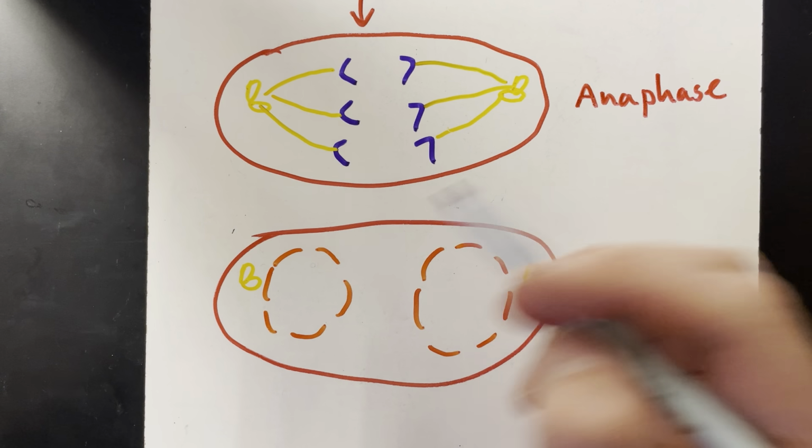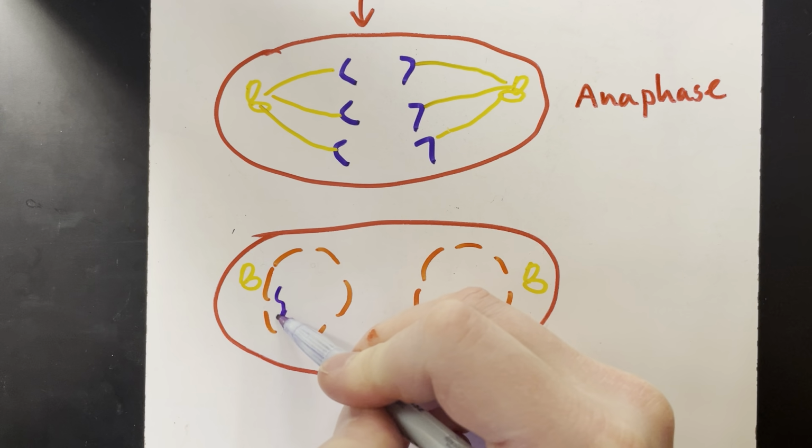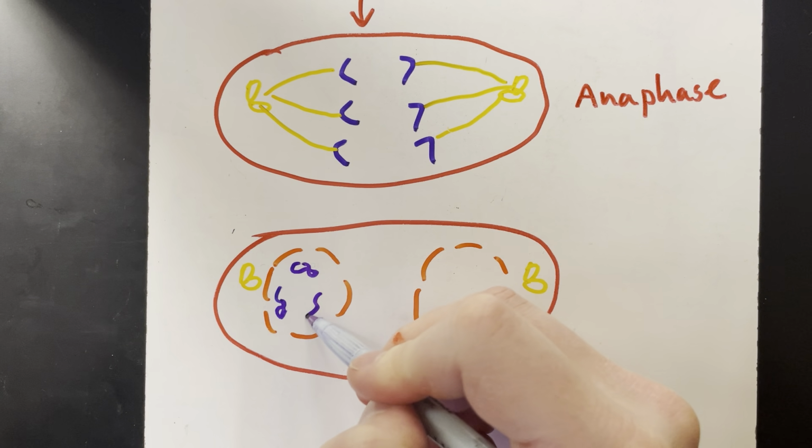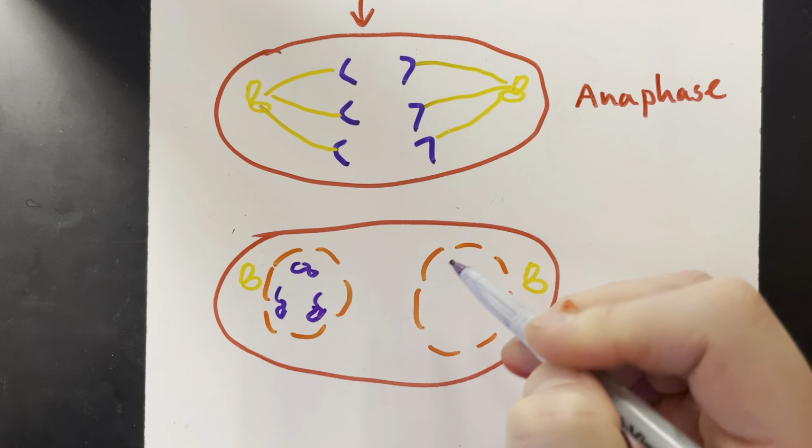And the chromatids turn back into chromatin. This step is called telophase.